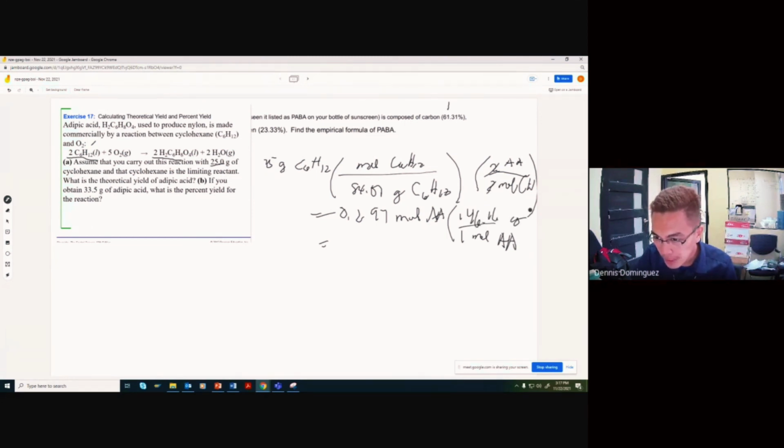Meaning to say, cancel mong mole, ang mabilin na lang is your grams of your adipic acid or the theoretical yield. I-multiply mo na siya sa imong moles. So you have a theoretical yield of 43.40952.